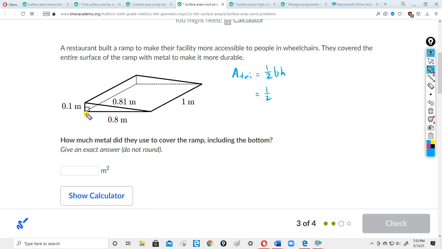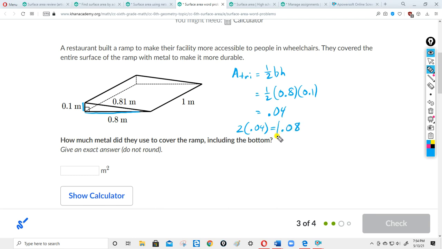Here's the height, 0.1, and here's the base, 0.8. Half of 0.8 is 0.4, times 0.1 is 0.04. This triangle in the front is the same as the one in the back, so 2 times 0.04 is 0.08.